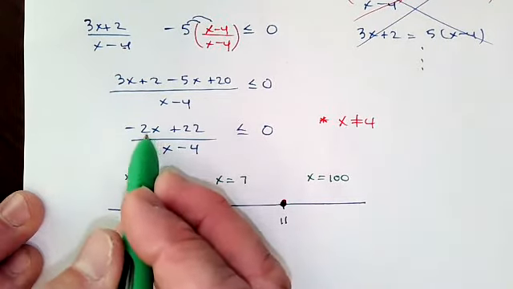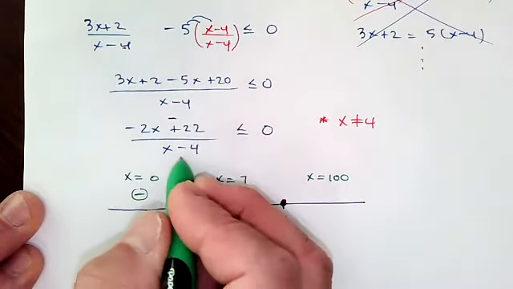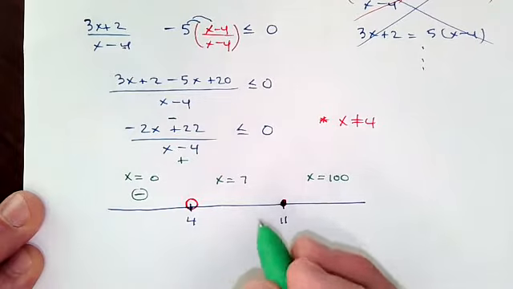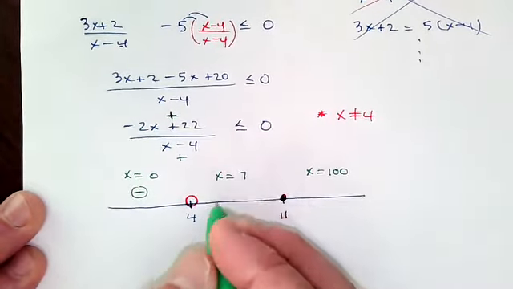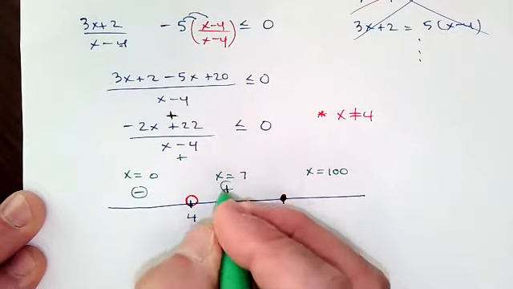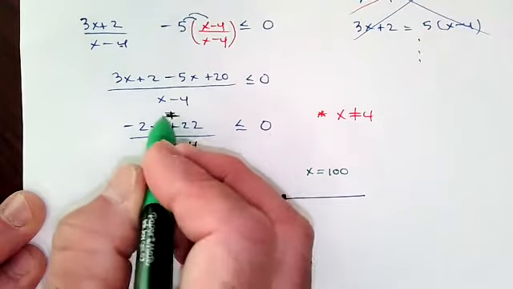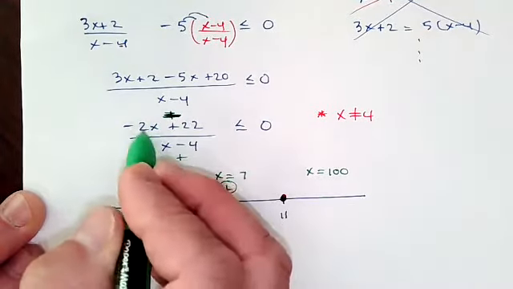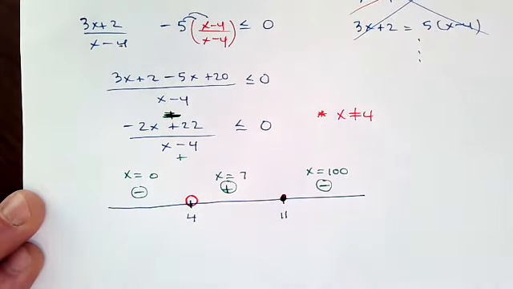No, it's going to be negative on the top, right? That's -14 plus 22. Negative on the top, positive on the bottom. Oh, that's positive. Never mind. -14 plus 22 is positive. Positive over positive is positive. x is 100. This is going to be negative now, right? That's -200 plus 22, and that's going to be negative. So this is negative.